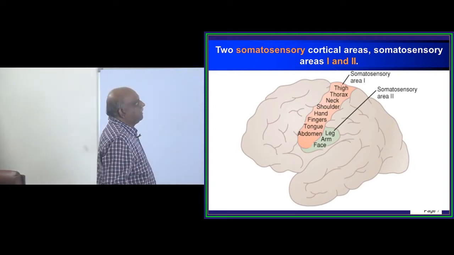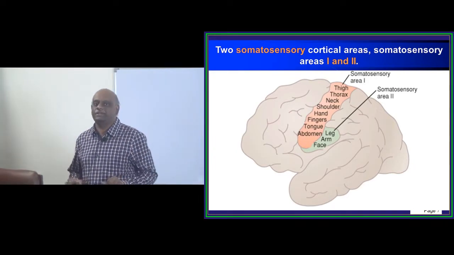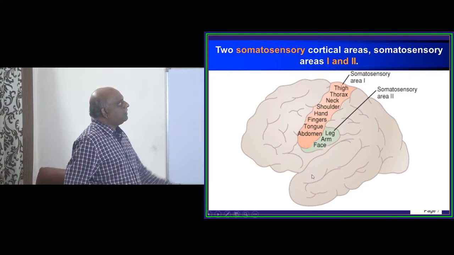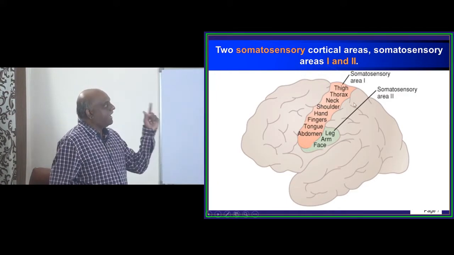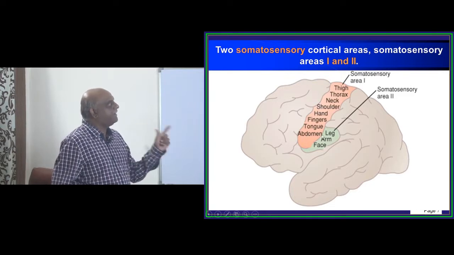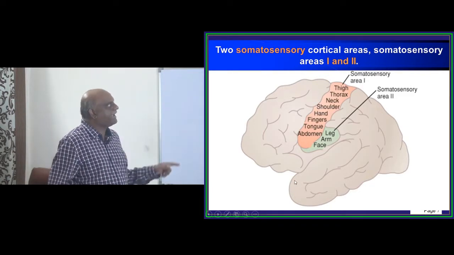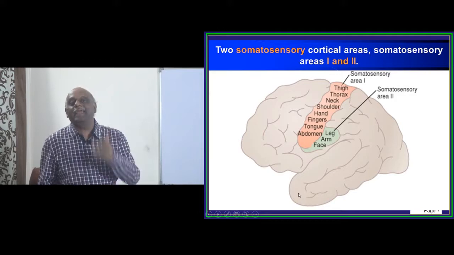Now, there are two somatosensory areas. Somatosensory area 1, where thigh, thorax, neck, shoulder, hand, fingers, tongue, abdomen, they are all carried by somatosensory area 1.